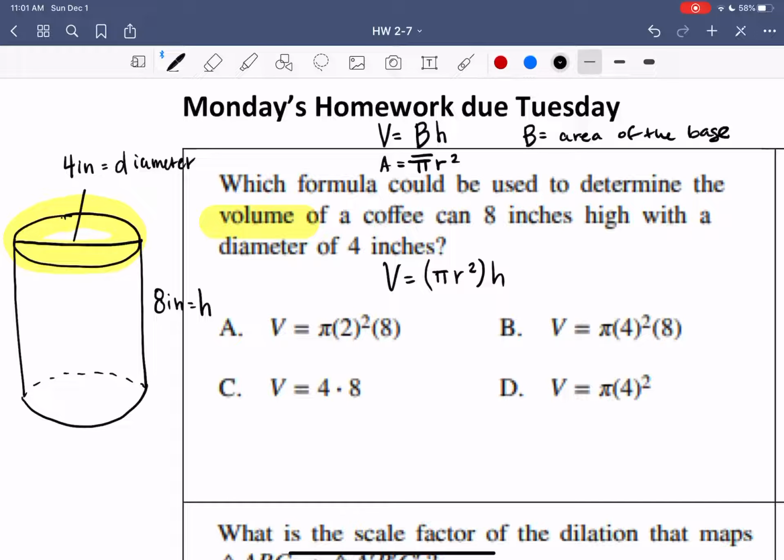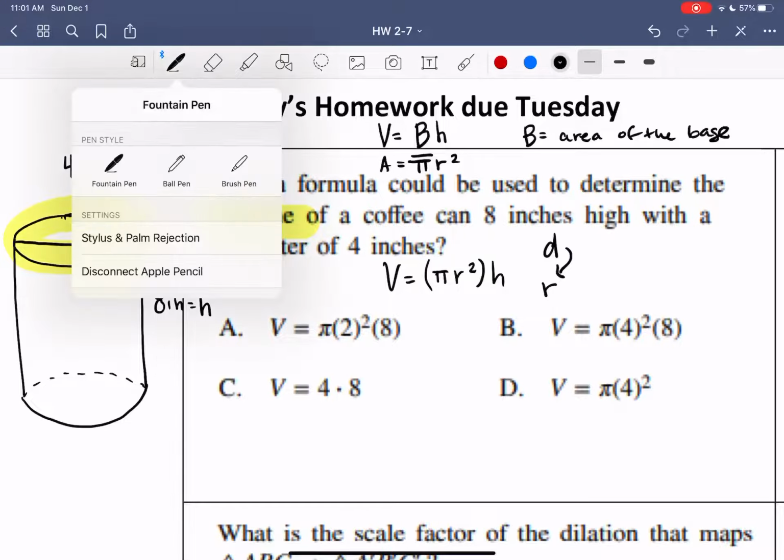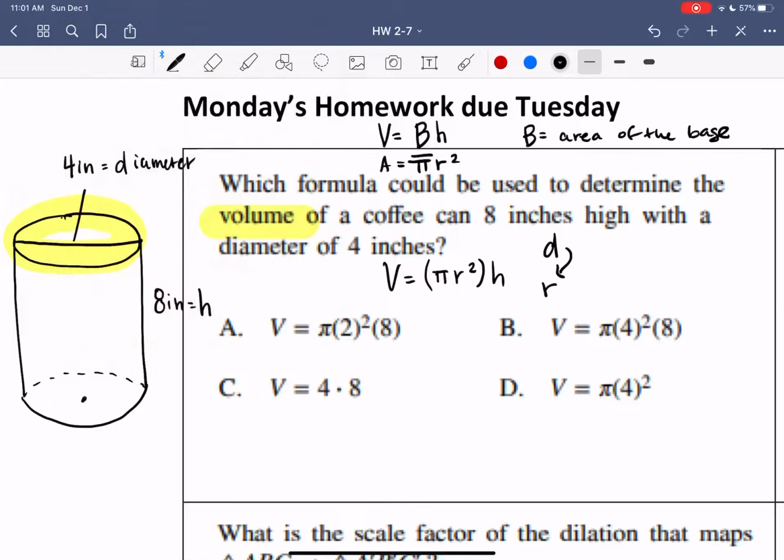So our other problem is that we have diameter, but we need radius. So diameter is the whole length, whereas radius is only, this is our radius. So in order to find that, we have to divide our diameter by 2.